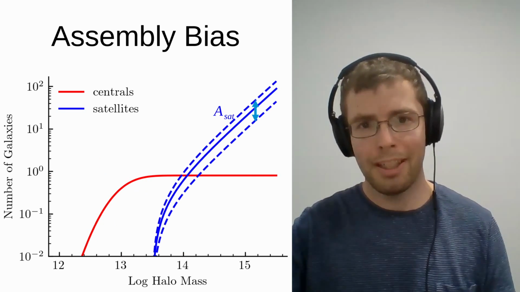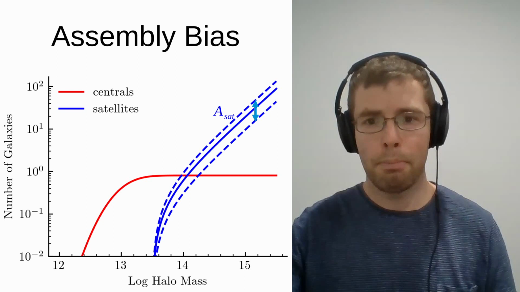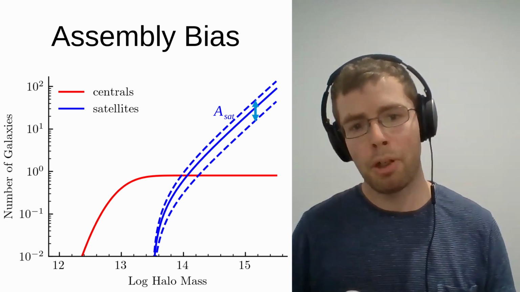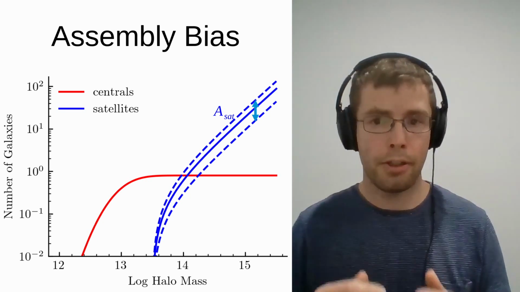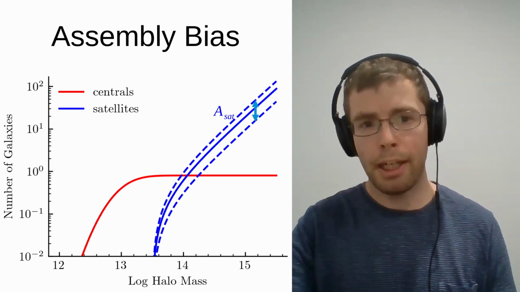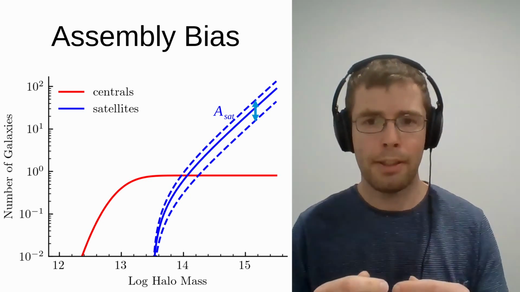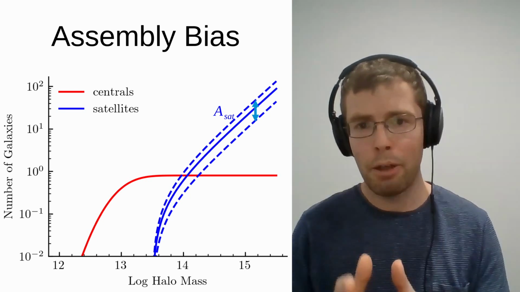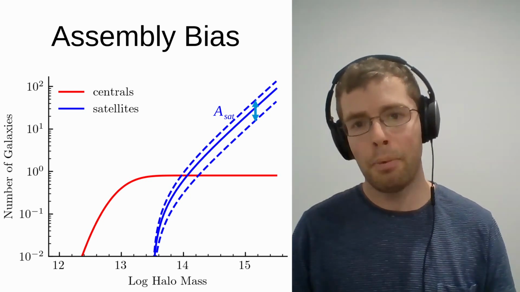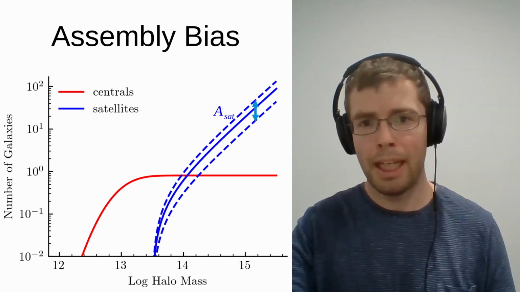So we also allow for galaxy assembly bias by further perturbing this average number of galaxies per halo based on its concentration. Basically, for each halo, we ask, does this halo have a concentration that is above or below the average concentration in that halo mass range, and then we assign it a number of galaxies that is either above or below the average.